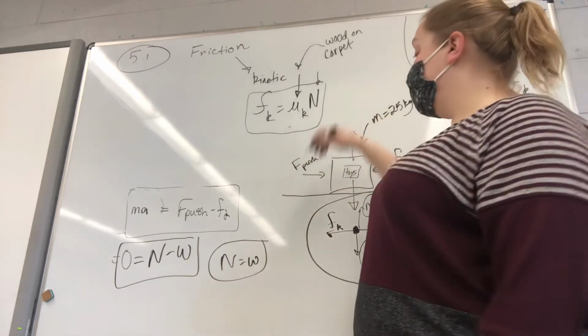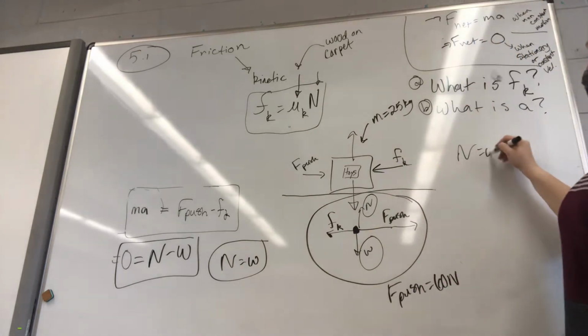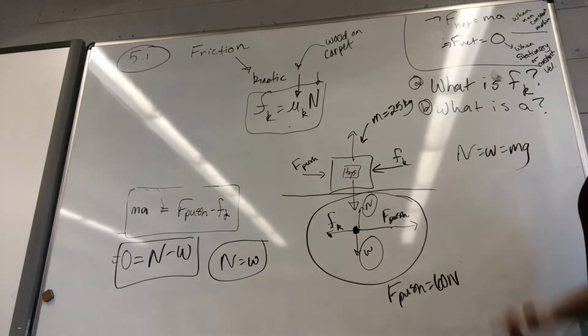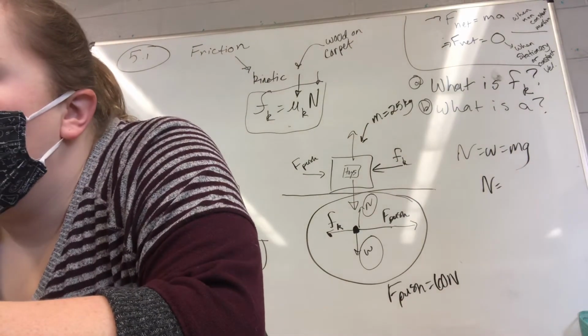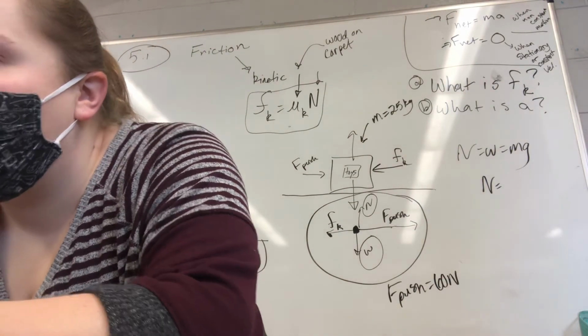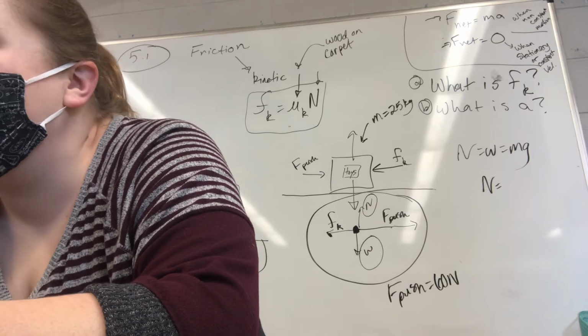So if N equals W, remember that the formula for W is mg. I don't see one for wood on carpet. I see wood on wood, and then waxwood on wet snow, metal on wood. Okay, hold on.